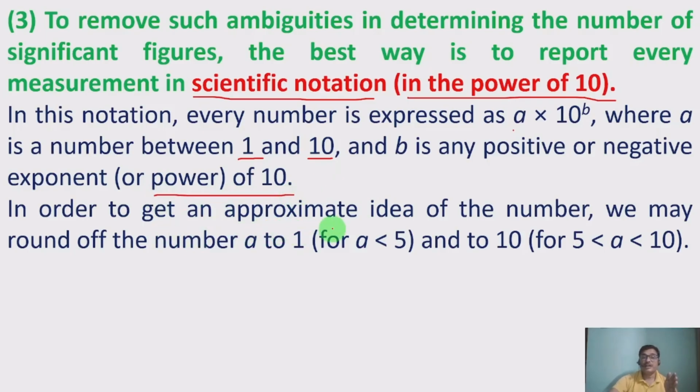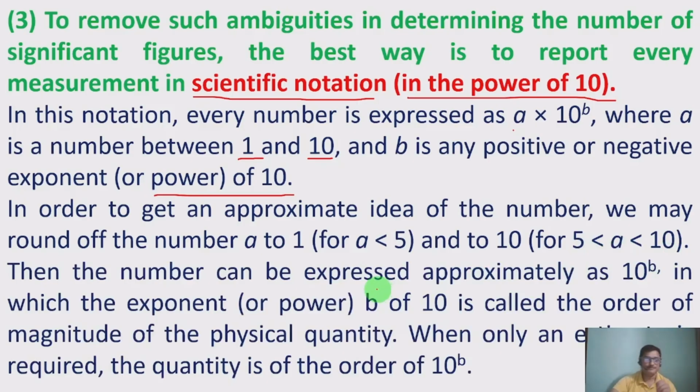In order to get an approximate idea of the number, we may round the number a to 1 for a less than 5 and to 10 for a between 5 and 10. That approximation idea we can take.